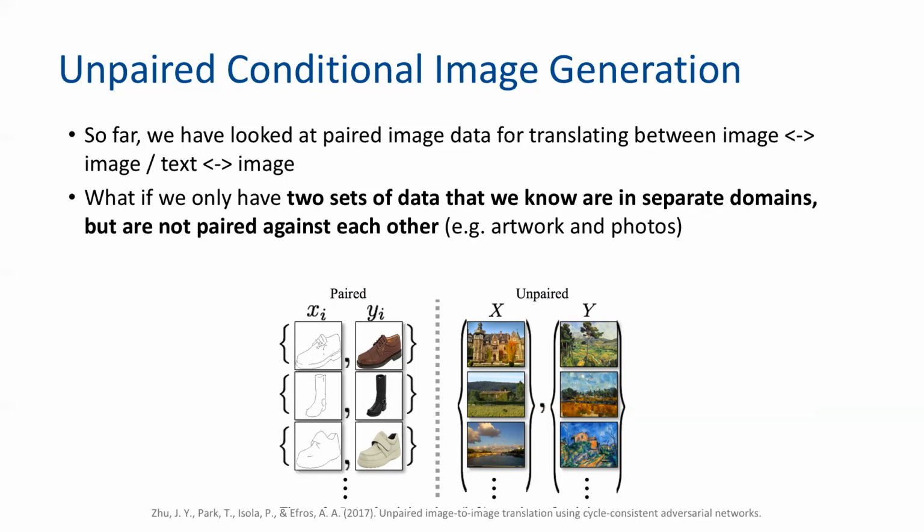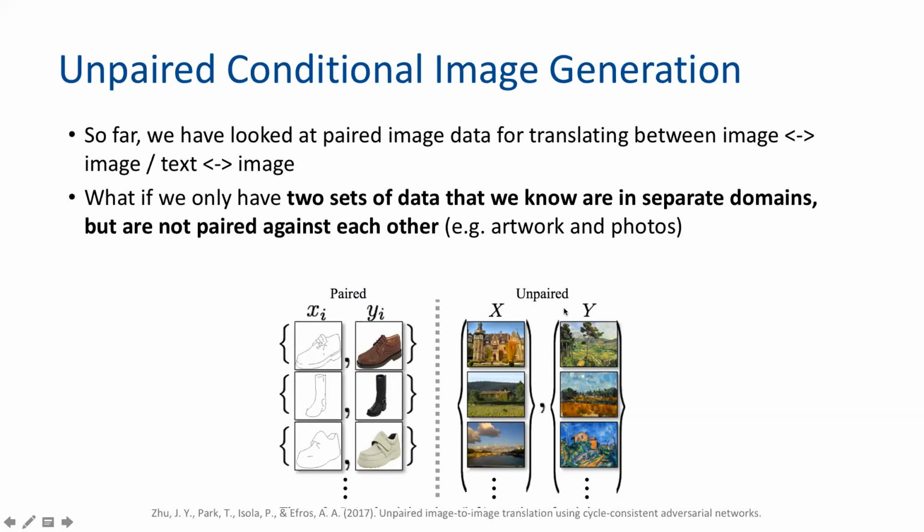On the other hand, you don't always have nicely curated data sets describing objects and having labels. But very often we do have different data sets of types of image that are not paired. So you might have pictures of sketches of shoes and then actual images of shoes. They might be different sizes.